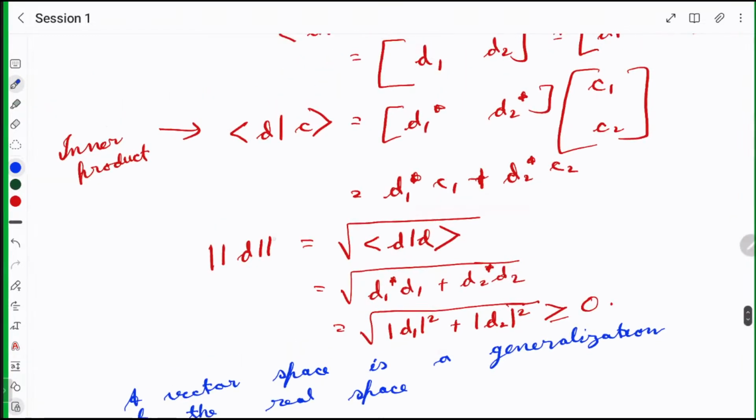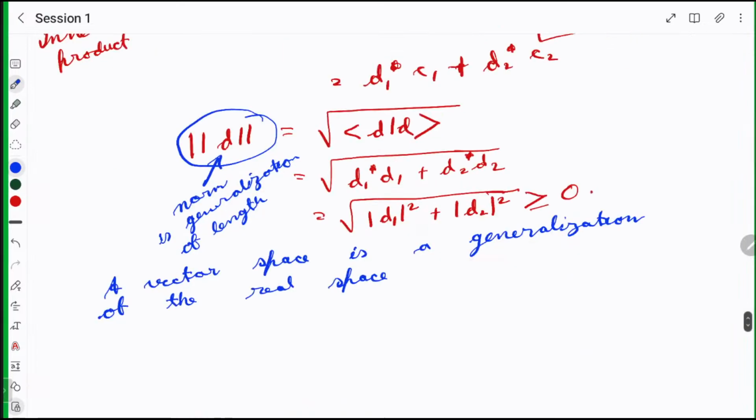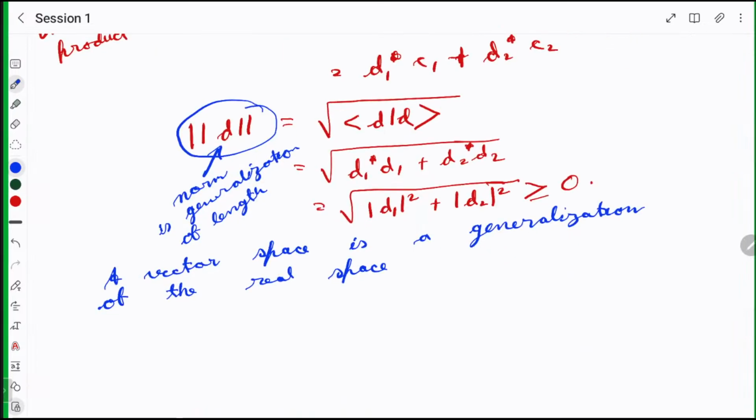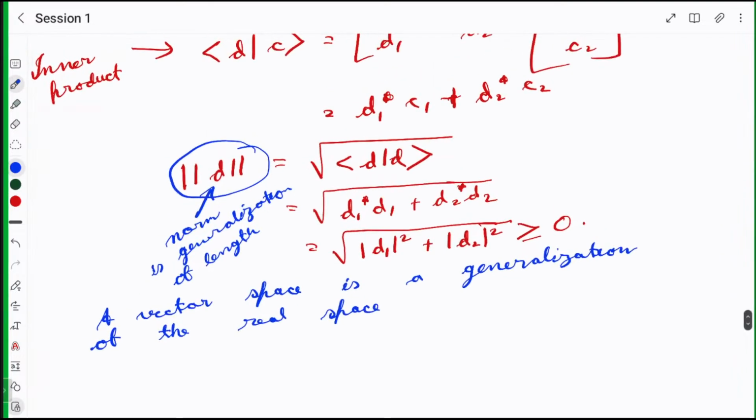For example, the norm is also a generalization of length. Because in the complex C2 space, you might think you cannot really visualize the length of a vector as the distance between 2 points. But the norm of a vector is the generalization of this length. So we have this rule that it has to be positive, just like the length used to be positive in the real vector space.